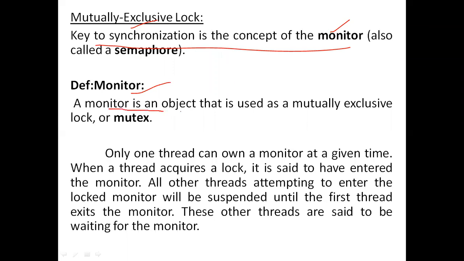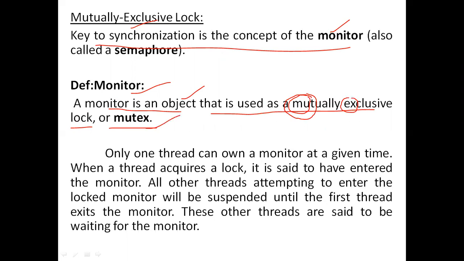A monitor is an object that is used as a mutually exclusive lock, or else it is called a mutex. So the first two letters here and the first three letters here, followed by two letters here, combined are called a mutex.